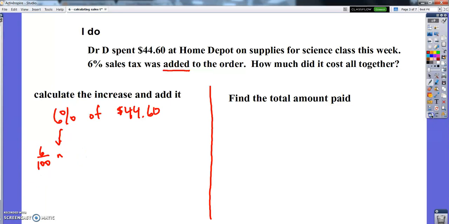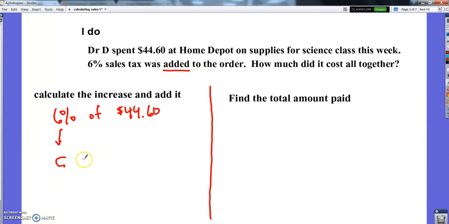So what I'm really going to do here is I'm going to calculate my cost, and then I'm going to add another 6% of the cost to it. I'm going to do $44.60 plus whatever this increase is, and add it to it.